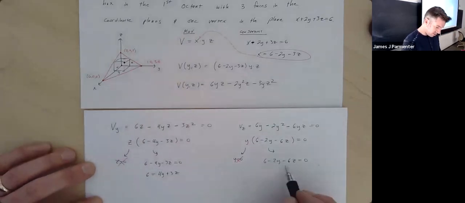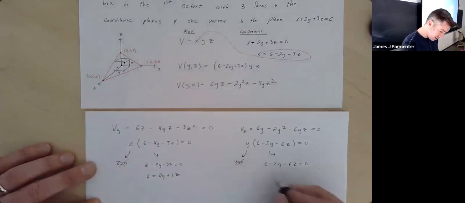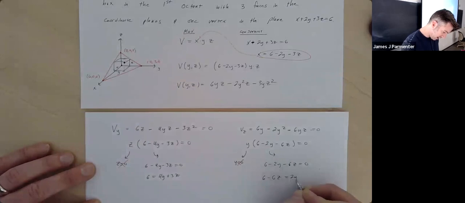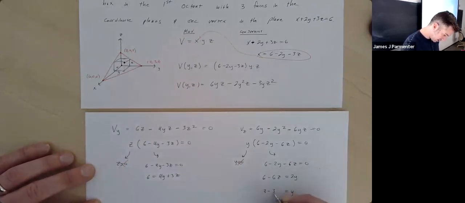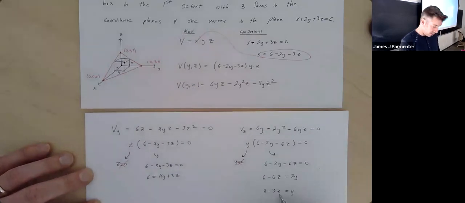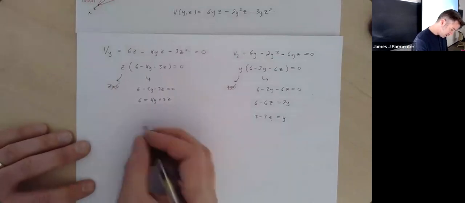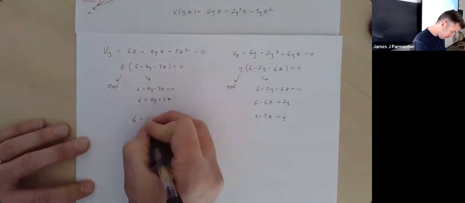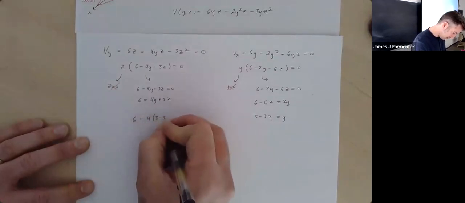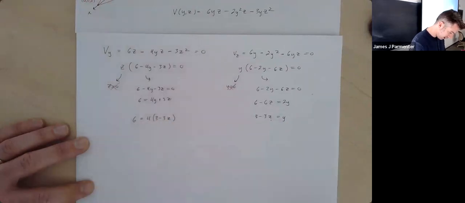So I would solve for y: 6 minus 6z equals 2y, and then y equals 3 minus 3z. I can plug that in over here and get that 6 is equal to 4 times (3 minus 3z), that's the y I'm plugging in, plus 3z.